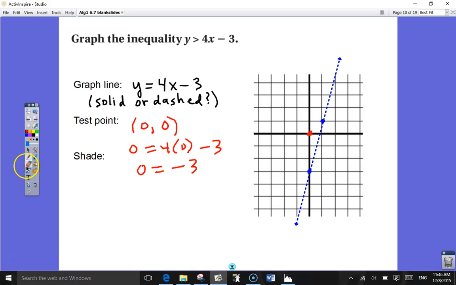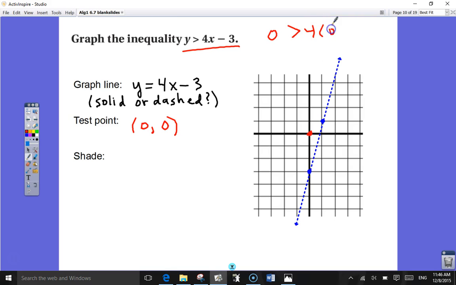What did I do wrong? I didn't plug it into the inequality. I plugged it into the equation. Remember, I've got to plug it into that. 0 is greater than 4 times 0 minus 3. 0 is greater than negative 3. Is that true? Yeah, that is true. So that means I should shade on the side which has that point. So shade.